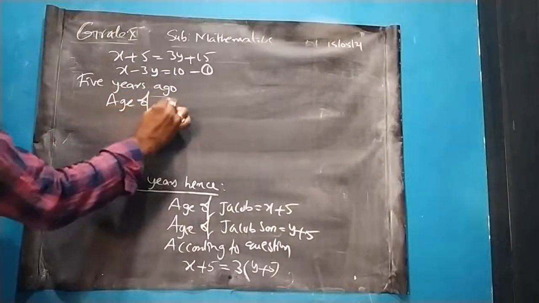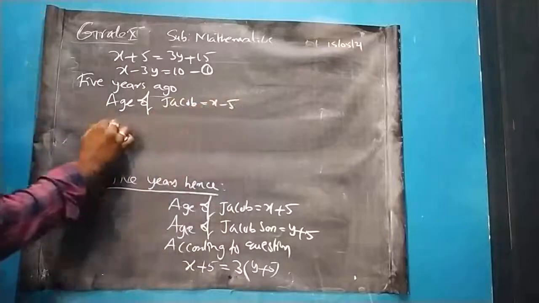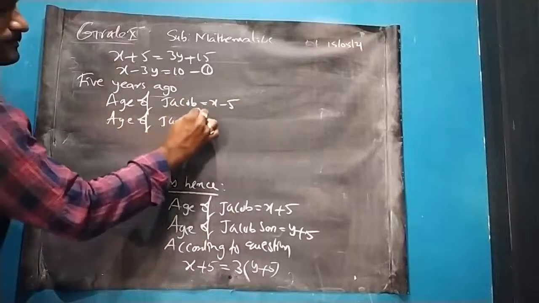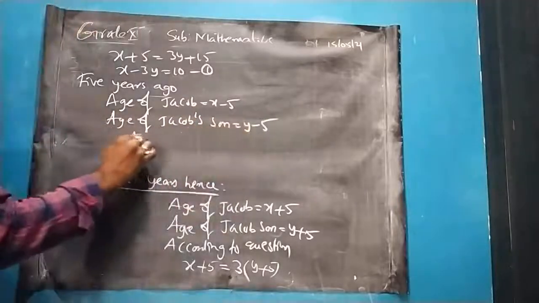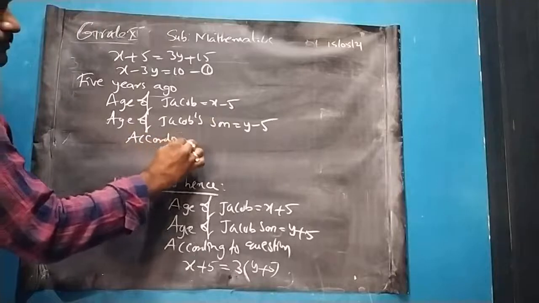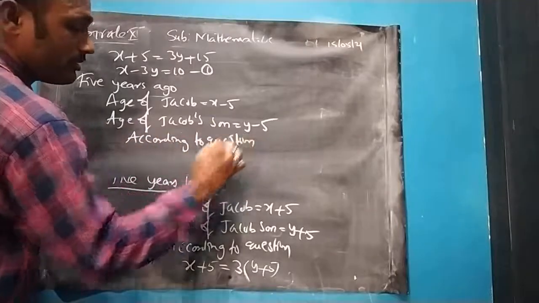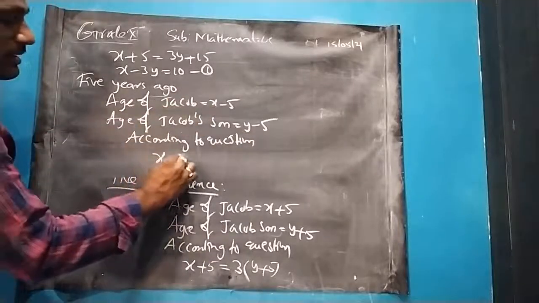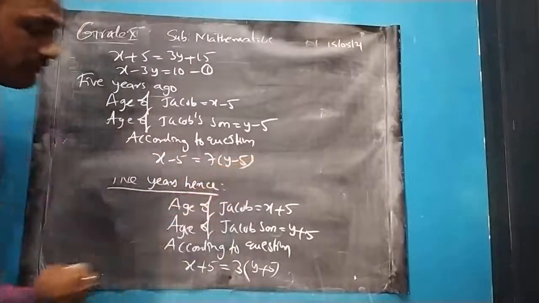So the age of Jacob, how much will it be? X minus 5. Age of Jacob's son, Y minus 5. According to the question, we are going to get X minus 5 is equal to 7 times Y minus 5.